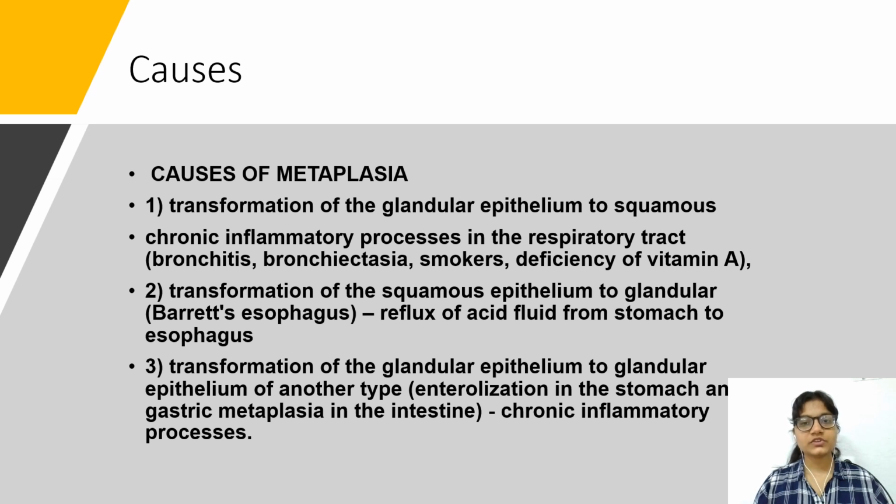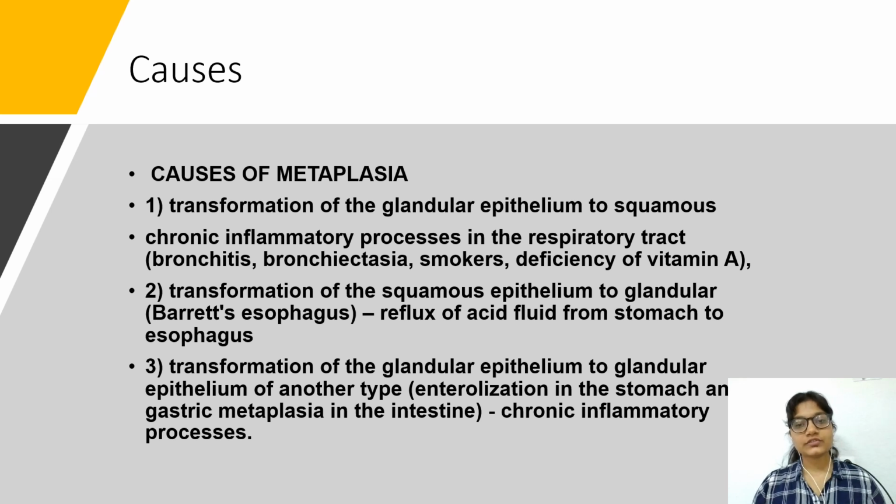First is transformation of the glandular epithelium to squamous, in the chronic inflammatory process in the respiratory tract, that is bronchitis, also bronchiectasis, also in smokers. It is also due to deficiency of vitamin A. And secondly, it can be due to transformation of squamous epithelium to glandular, that is in Barrett's esophagus.